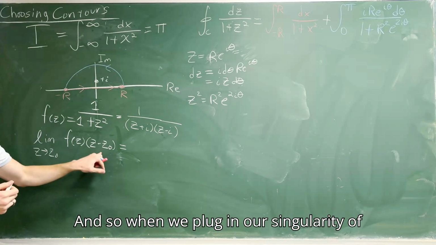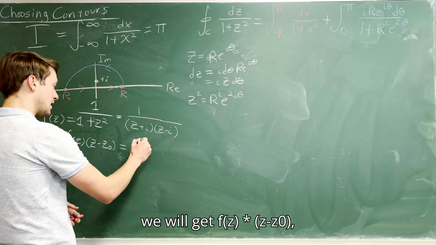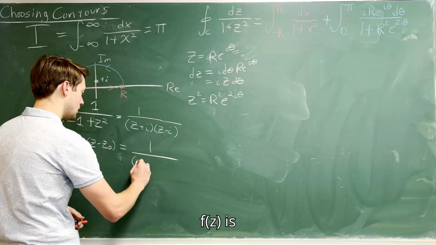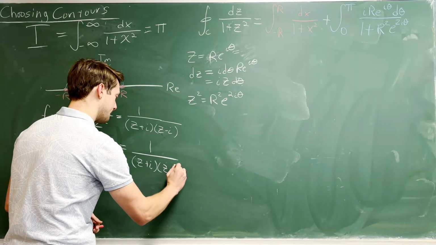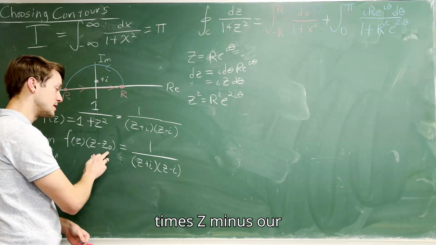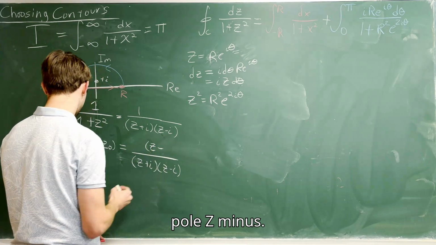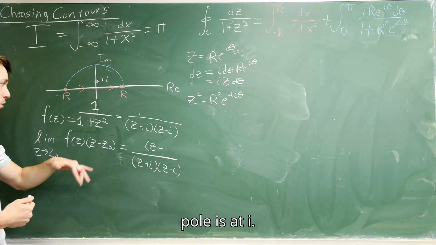When we plug in our singularity of z equals positive i, we will get f of z times z minus z naught. f of z is this, times z minus our pole, z minus z naught. Our pole is at i.